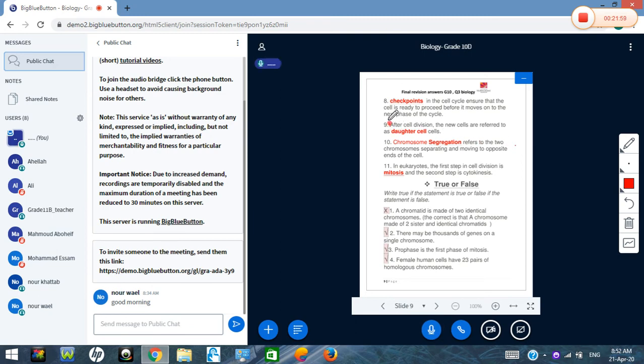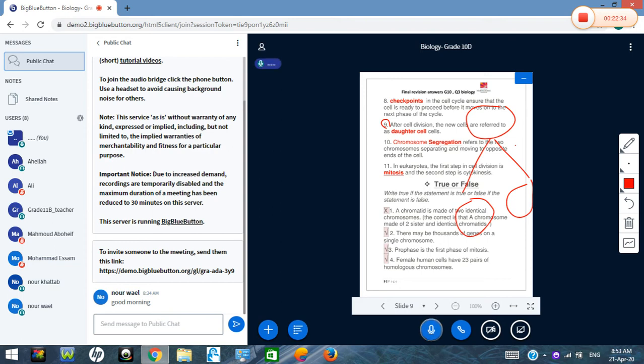Number 9, after cell division, the new cells are referred to as daughter cells. After cell division, the parent cell produces 2 new cells.